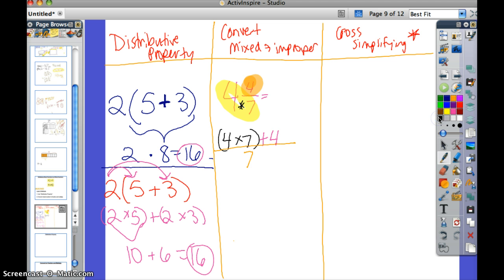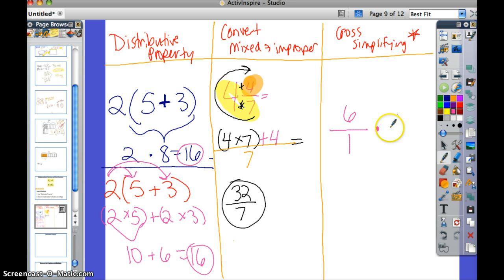So what you're doing is you're just kind of going in this circle, multiplying first to see how many pieces you have in 4 wholes, and then adding on the extra pieces. So what you have here is 28 plus 4, 32 sevenths. Now it's a fraction that you can treat like a fraction, just as we would do in a fraction times whole number problem. The other thing that you need to be really good at is cross-simplifying.